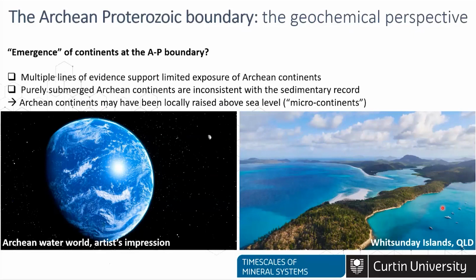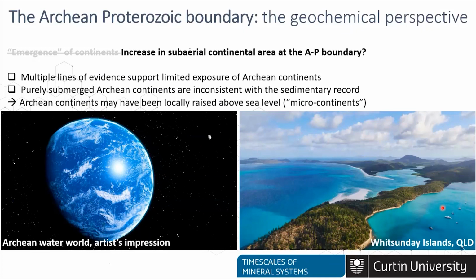So perhaps instead of saying the emergence of continents, which to some people always seems to imply an on-off switch mechanism, which is not what I'm suggesting, it is better to say that we had an increase in subaerial continental area at the Archean Proterozoic boundary.